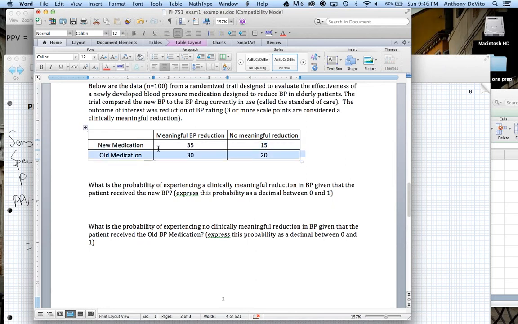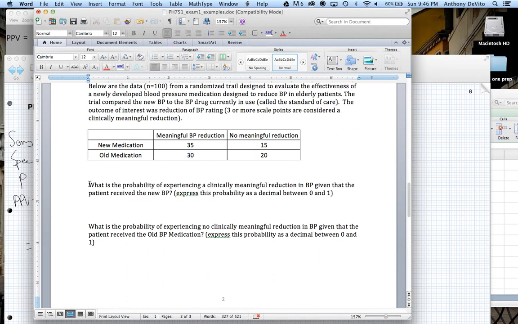The old medication, we got 30 patients that showed a meaningful reduction and 20 patients that showed no meaningful reduction. Okay, and you could also look at it from the perspective of the columns. Out of people that showed meaningful blood pressure reductions in this study, we got 35 on the new medication and 30 on the old. There's a number of ways you could look at this chart, right?